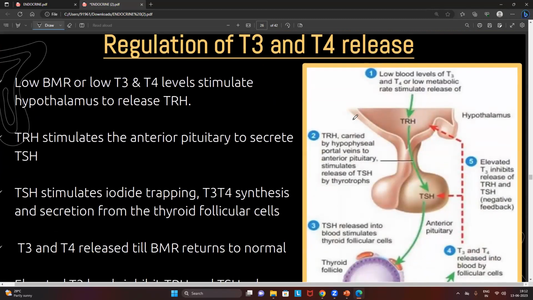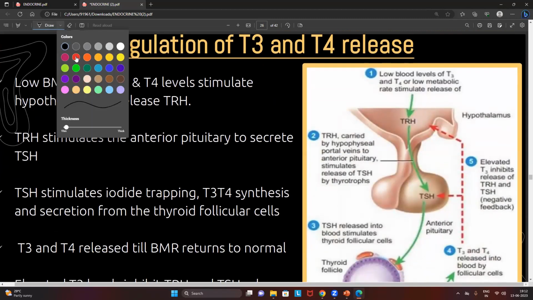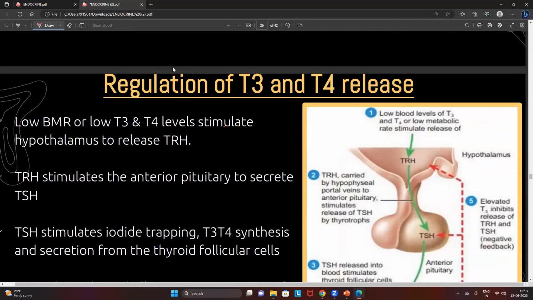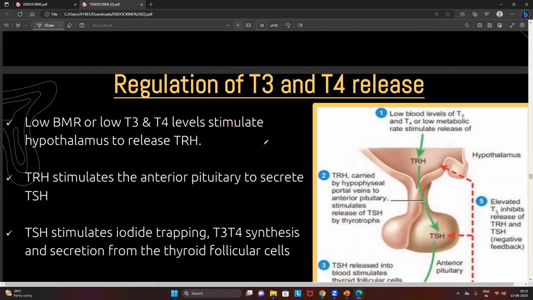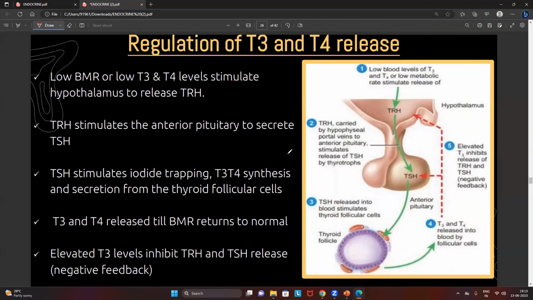If you ask me the major functions of T3 and T4, at the end of the PPT I will provide another table which consists of only functions. Now, first listen to the major functions here. The moment you hear the names T3 and T4, always remember that T3 and T4 are not released in the animal or human body every time.